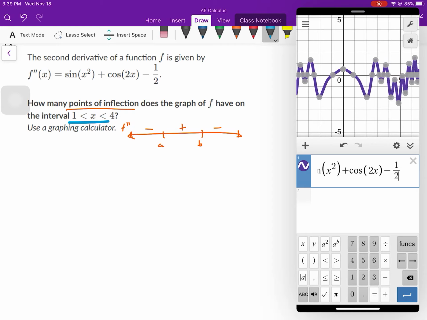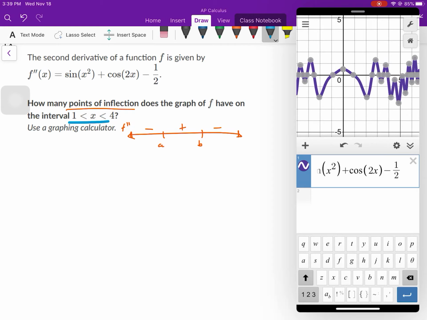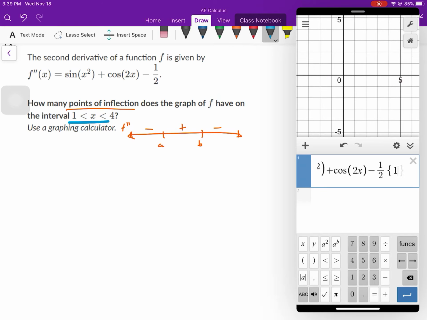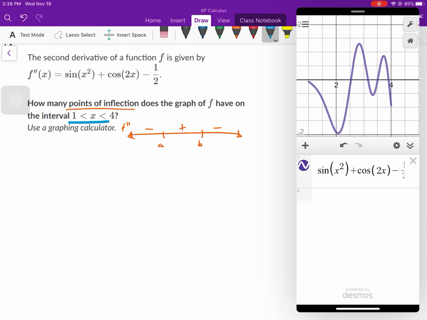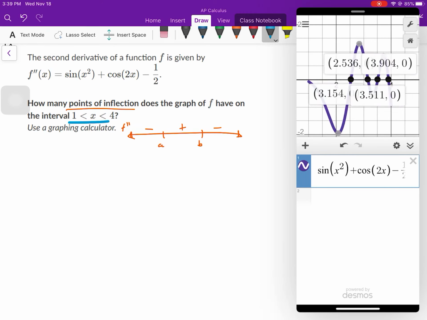So it's changing all the time, right? So let me just restrict our window. If you're using Desmos, you did the Desmos project before, so you know how to do this. So there we go. Restricted our window from 1 to 4. Changes there, there, there, and there. So it has 4 points of inflection on that interval.